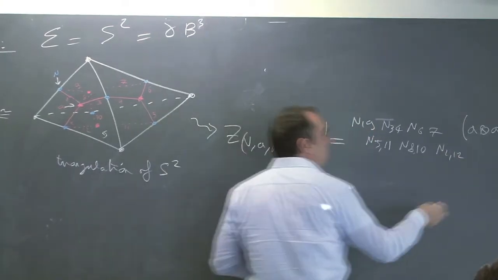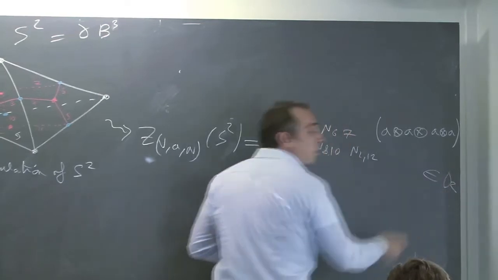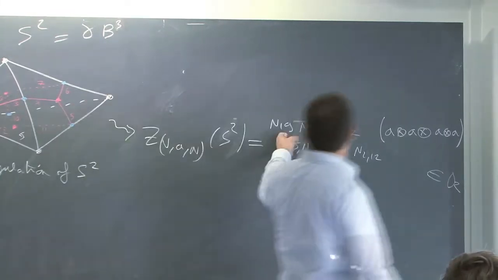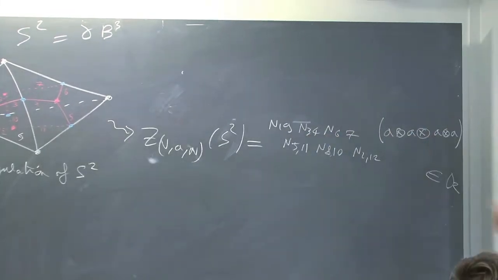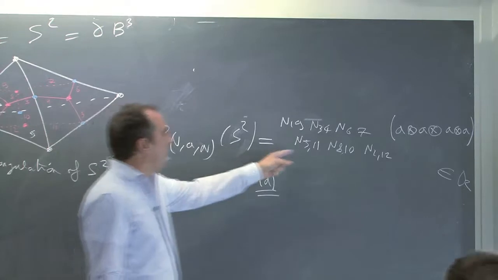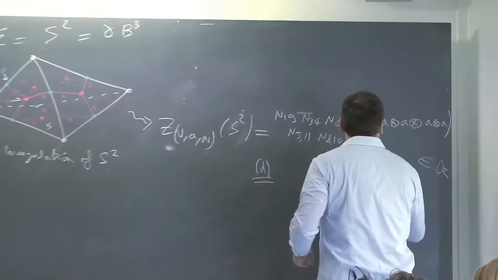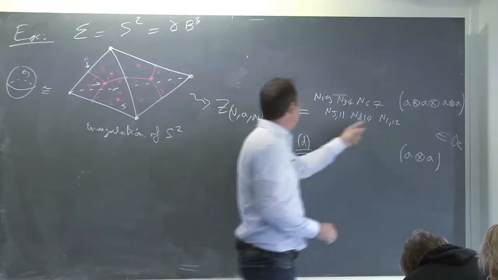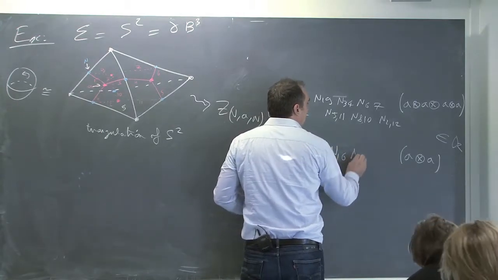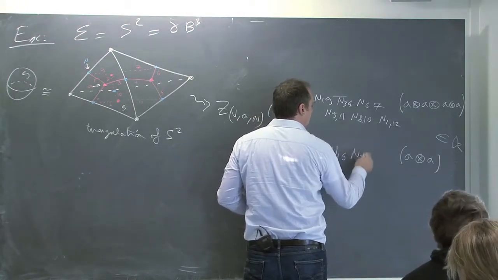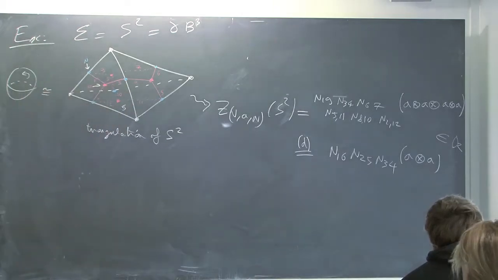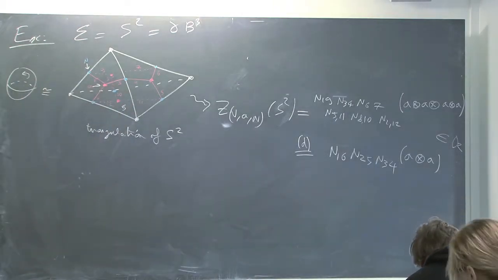And you obtain a number. This is an invariant. And here you can check that 1, 9, 3, 4, 6, 7, 8 of A tensor A is just A by D. And using D, this is equal to 2A, and so we have mu 1, 6, mu 2, 5, mu 3, 4. You can check this.